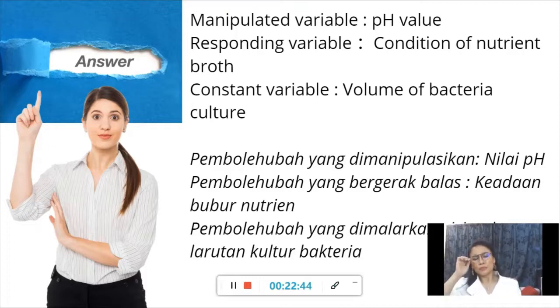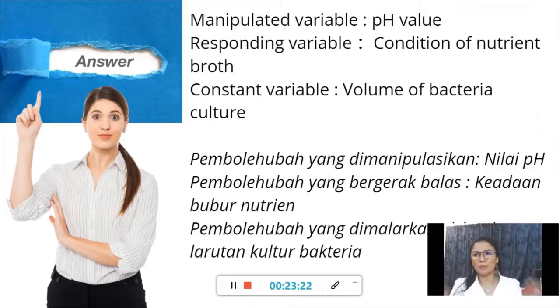So 2 marks. Usually the mistake made by my students when I mark papers is that for identification of variables they just write the answers, pH value and the condition of nutrient broth, without stating the variables. They just write pH value, comma, condition of nutrient broth. My dear students, how do I know which variable you are referring to? The markers don't know.